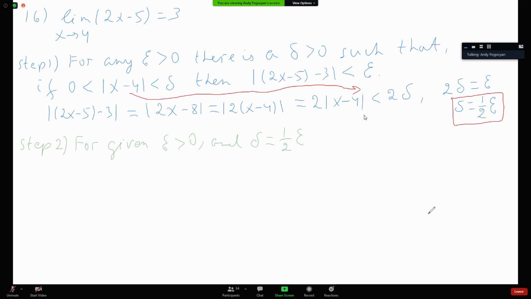Delta equals 1 over 2 epsilon, and 0 is less than x minus 4 less than delta.